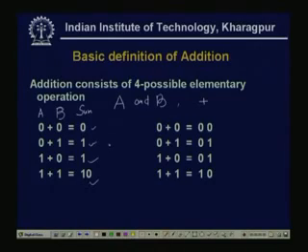Now if we express this sum by 2 bits, because 1 plus 1 is 1 0, the remaining 3 we can also represent by 2 bits: 0 0, 0 1, 0 1, 1 0.